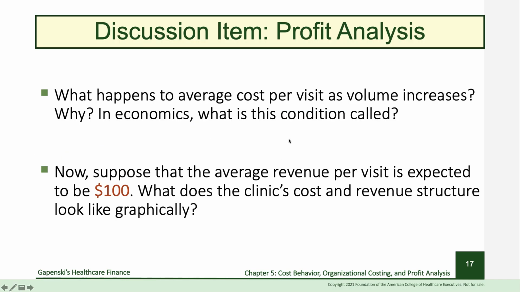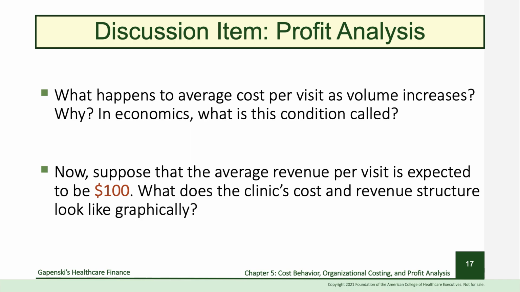So what happens to average cost per visit as volume increases? You saw that as volume increases, the average cost per visit goes down. In economics, what is this condition called? It is called economies of scale. When there is a higher volume, when there is more demand, the cost to the hospital goes down, and for the same reason, they can probably charge less to the patients.